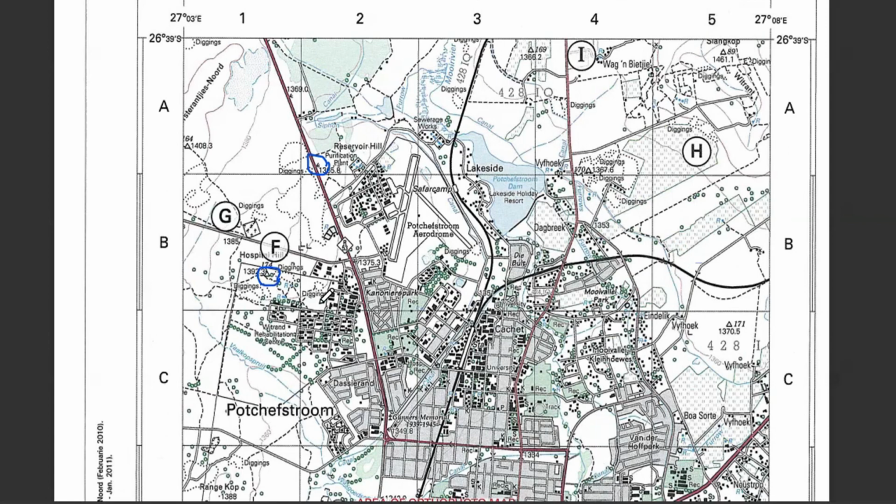And what do you want to identify? You want to identify the bearing of the trig beacon from the benchmark. So what you need to do is draw your north-south line here, parallel to your lines of longitude through the benchmark.